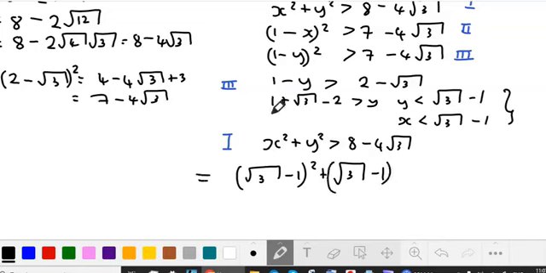Our results so far imply that this should be greater than 8 minus 4 root 3.